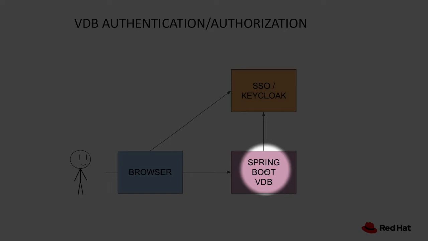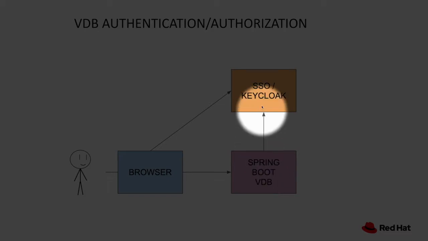Since we have integrated Keycloak with the application, the Spring Boot application will redirect the request to the Keycloak server, which will put up a login page, which the user fills in and sends back to the Keycloak server.